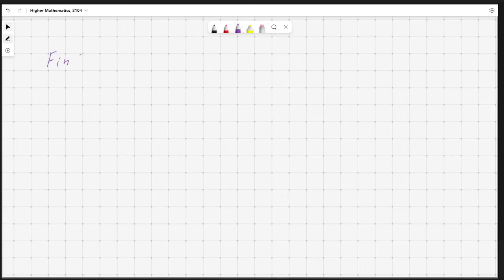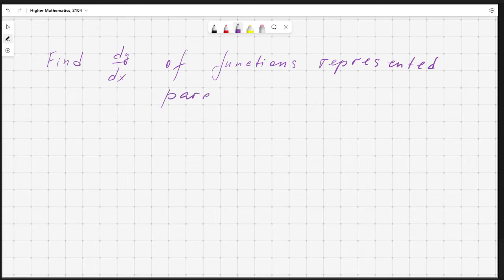Find dy over dx of functions represented parametrically. And the first example is 153.